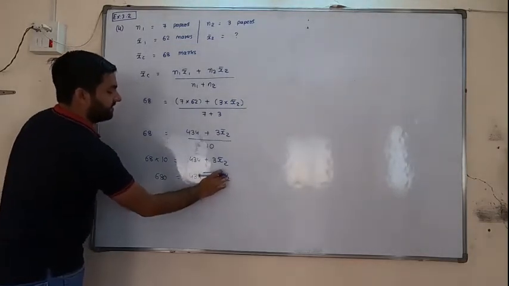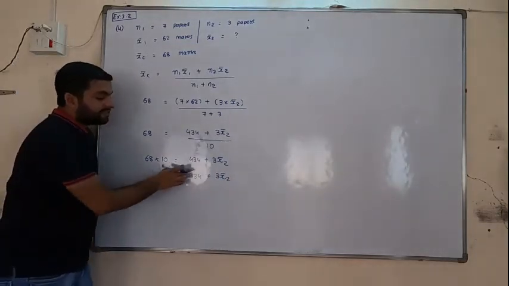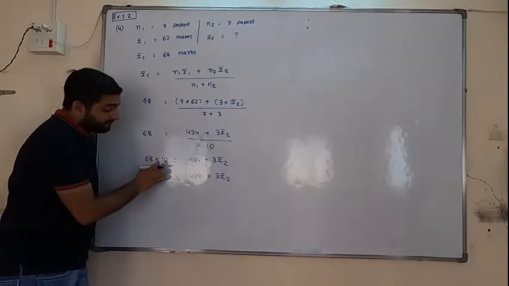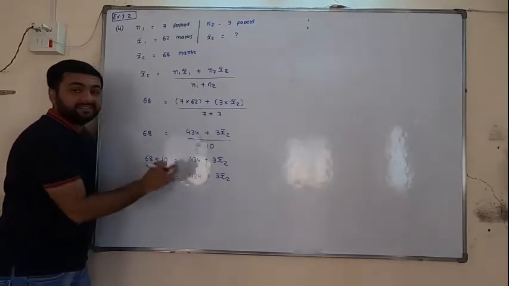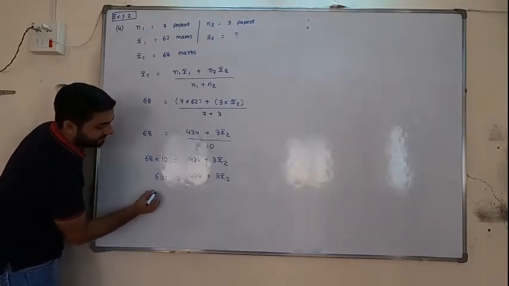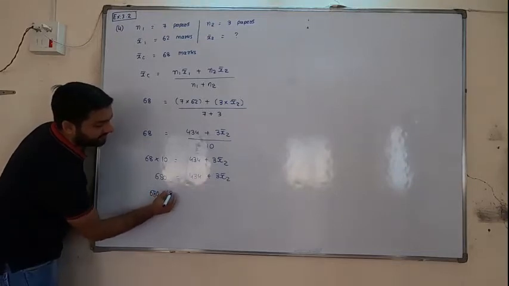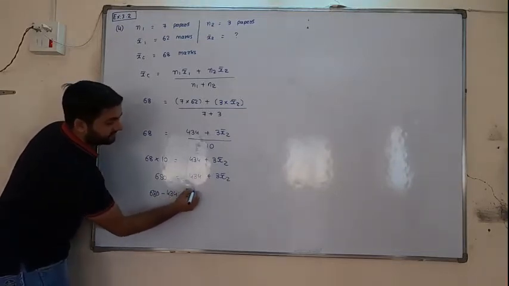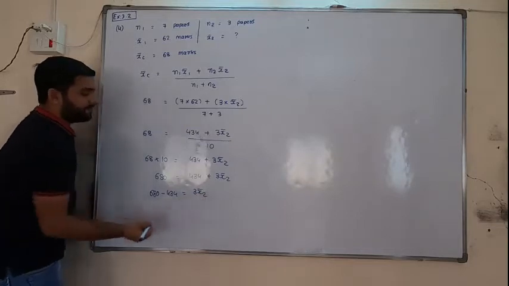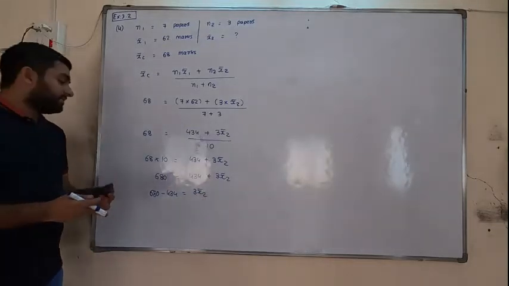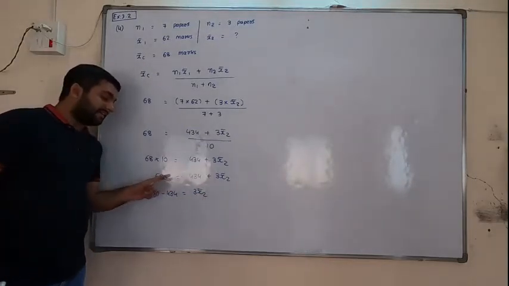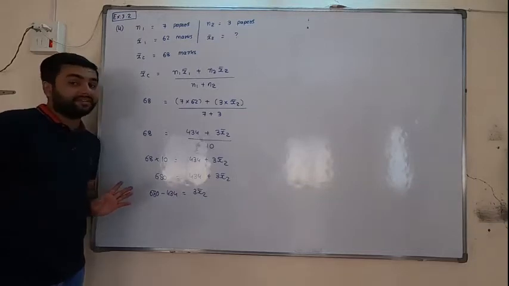I may say one thing. Don't transfer directly 680 minus 434. First multiply here, then write the thing, then again take this step. 680, here it is plus, so here it is minus, is equal to 3 X bar 2. What other people will do? 68 into 10, 680, and directly they will transfer it here. Mathematically it is wrong.